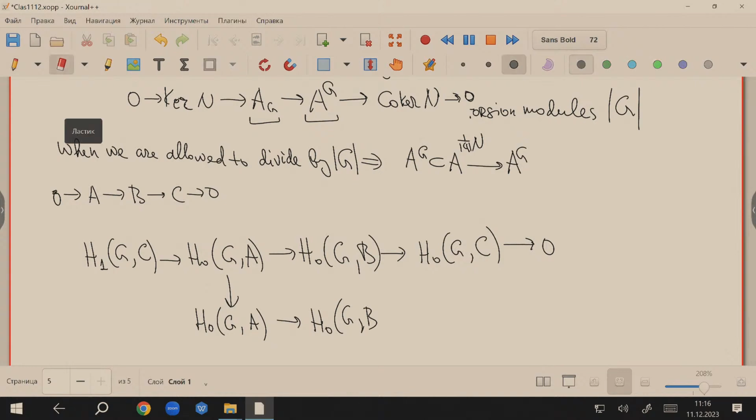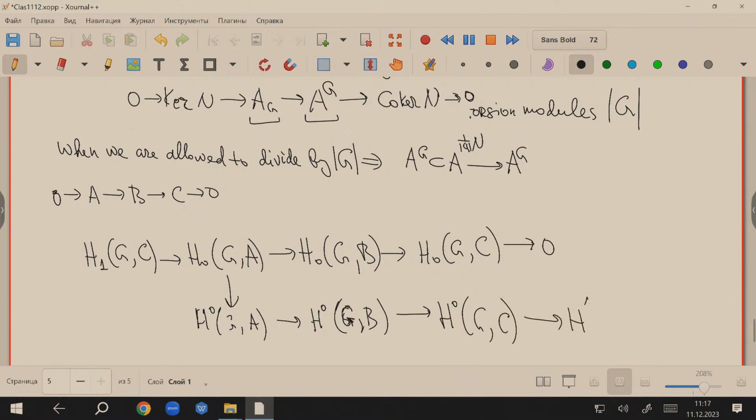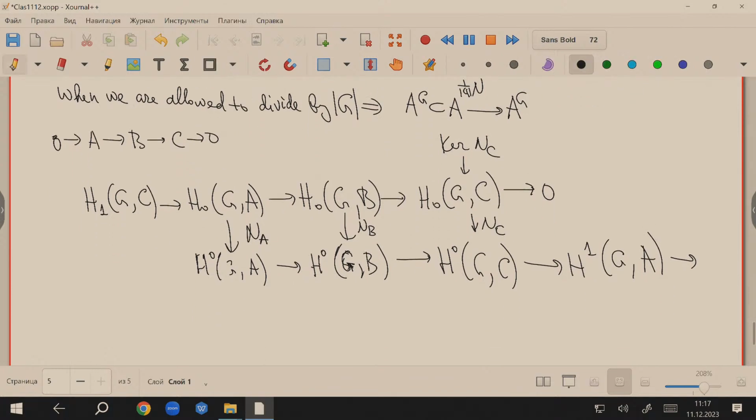Sorry, the homological functor is taking invariants; the target is invariants. H0 of GC and H1 of GA, etc. And here you have the corresponding norm maps: the norm map applied to A, to B, and to C. Here you have a kernel of NC, and you have the corresponding co-kernel here, for A.